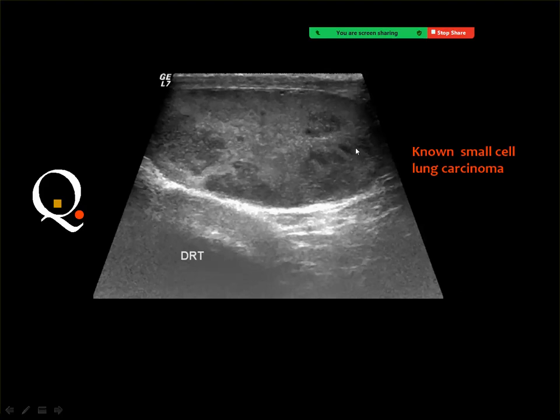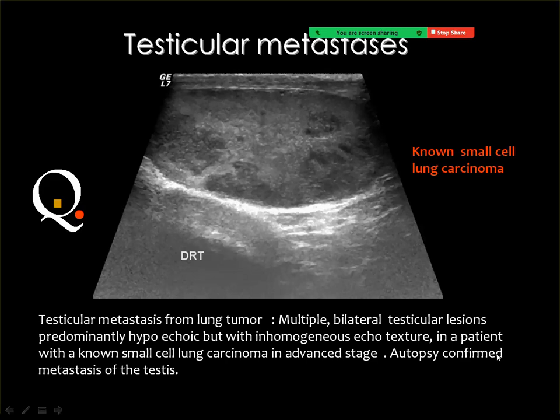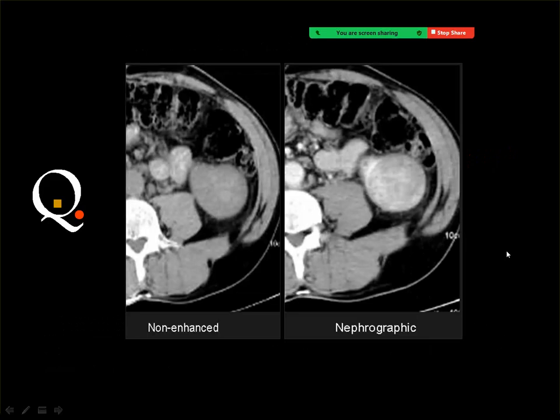You can see multiple hypoechoic lesions within the testis, and in a case where you know that there is a known primary malignancy, you should consider that these lesions belong to the primary lesion, and these were renal, or sorry, testicular metastatic deposits from the lung cancer.